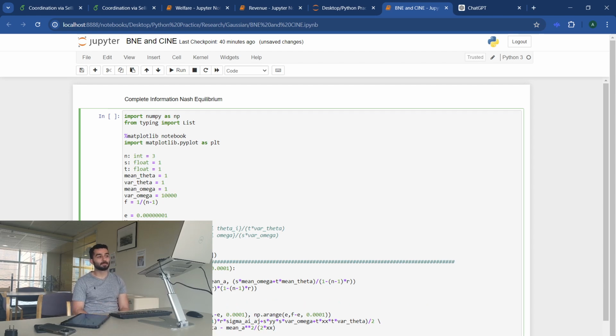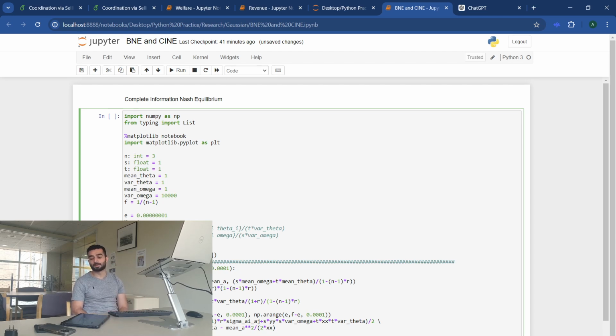So that's it, and sigma I theta j will be r times 2 times r theta, r times theta times var theta over 1 plus r over 1 minus n minus 1 r.